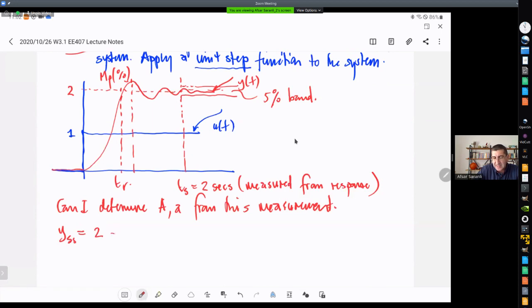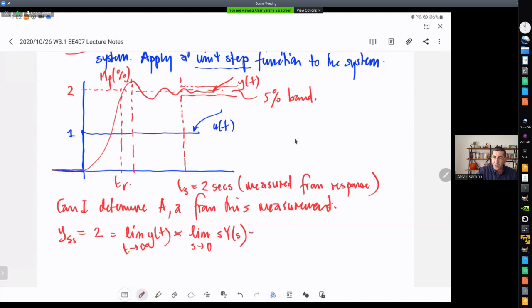What is that y steady state? It is the limit as t goes to infinity of y of t. And we know that this final value can also be calculated from the transfer function. That's going to be equal to the limit as s goes to 0 of s times Y of s, from the final value theorem.